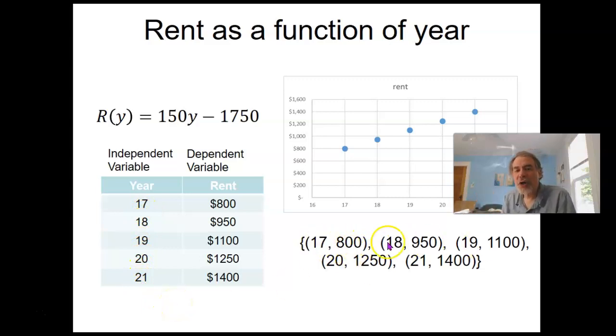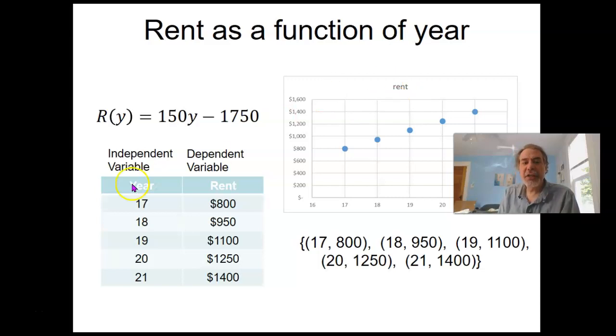So those are the specific numbers that show up as possibilities for the year, possibilities for the first coordinate of the pairs that make up this function. And then the possibilities for the rent, the second coordinate, are the numbers on this list. Now these two variables, we can refer to them as the independent variable and the dependent variable. The dependent variable is the one that depends on the other one.